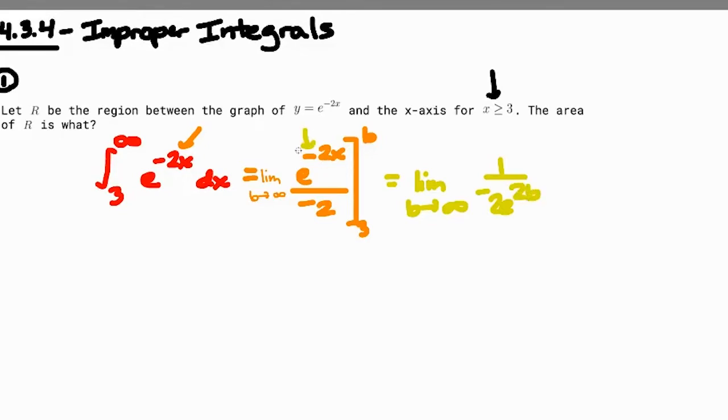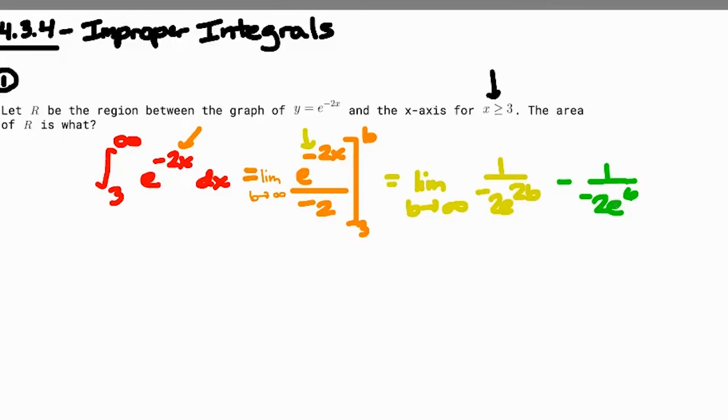So it's 1 over negative 2 e to the 2b, since it's negative 2x, I just put it on the bottom. Then I plugged in b, because that's the first part you're supposed to do. And then we're going to subtract this from when you plug in 3. So now it's going to be 1 over negative 2 e to the 6th.